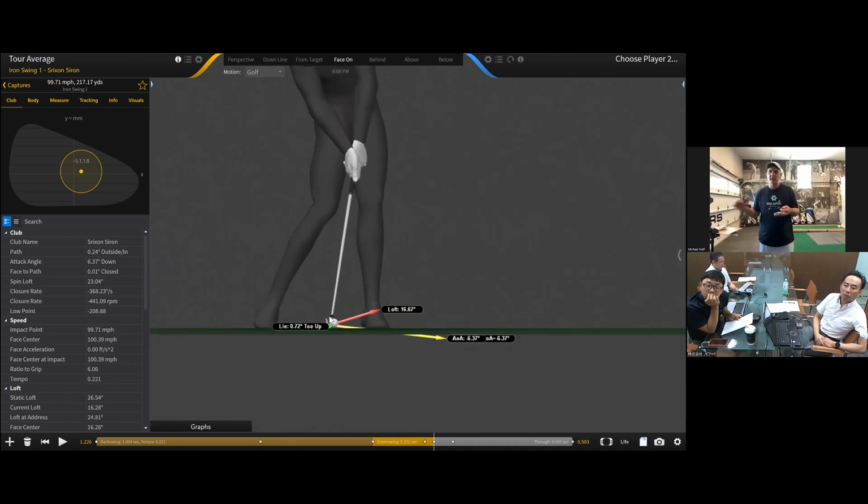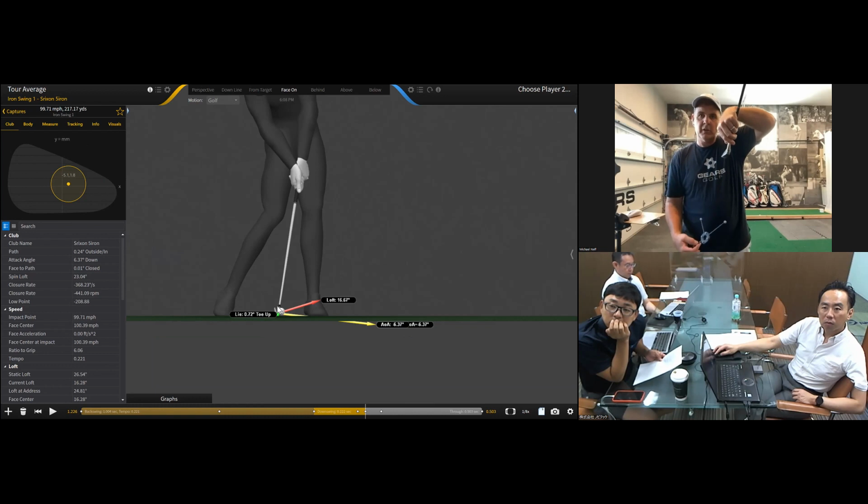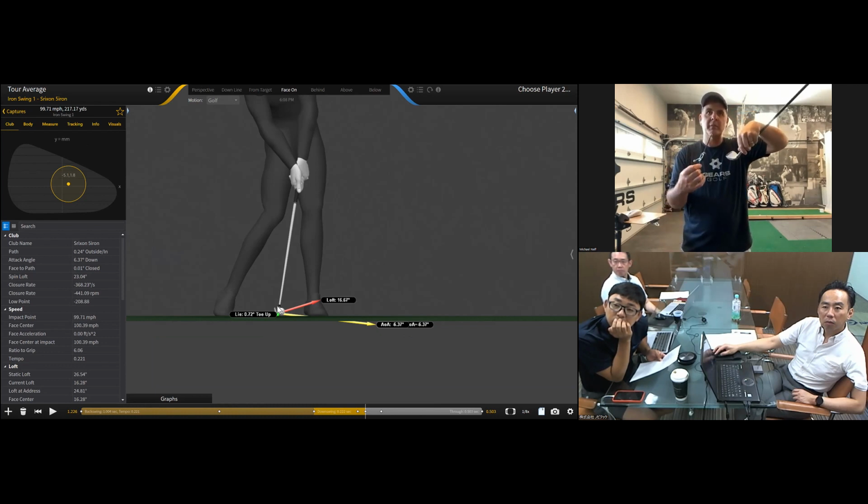When you calibrate the club using this tool right here, this is how we know what the actual loft of the club is. So let's say it has 32 degrees of loft. Well, it's constantly moving in relation to what it was calibrated at.